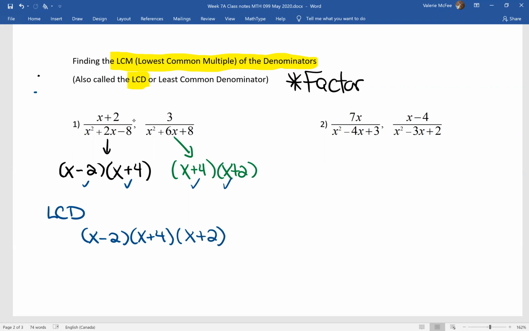Pause your video and find the LCD of the denominators, the lowest common denominator of question 2.